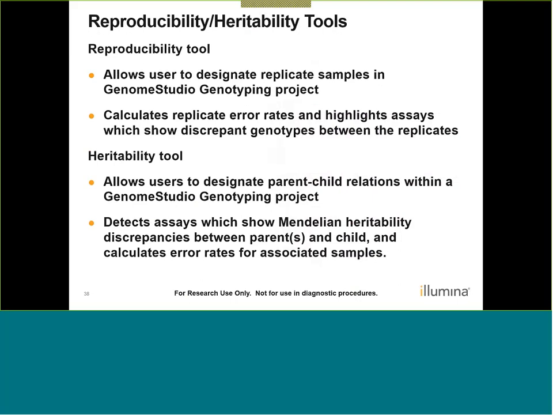The heritability tool does something similar. It allows you to designate parent and child relationships within the GenomeStudio project, and then it detects assays which show Mendelian heritability discrepancies between parent and child designated samples and calculates error rates for those associated samples. It will also highlight those assays which show discrepant genotypes between the parent and child.